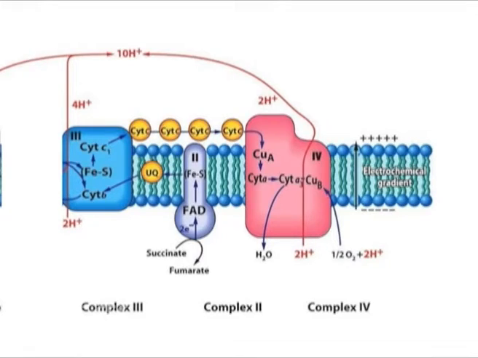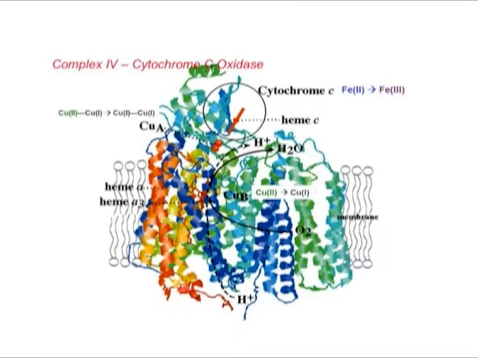The copper A, CuA, center of cytochrome C oxidase receives electrons one at a time from cytochrome C, which are then passed on to heme A and then heme A3. Oxygen binds to heme A3 and is reduced to water by the transfer of electrons and protons.